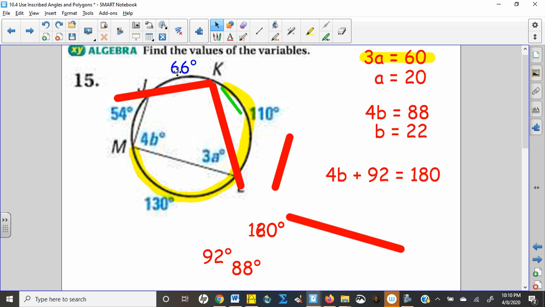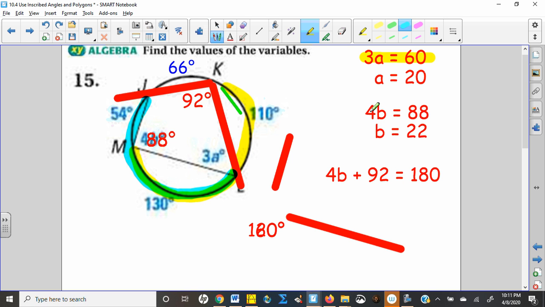Because even without the 66, once you have 66, you could use any inscribed angle you wanted. But even without the 66, I could have still used the 2 given arcs, 54 and 130, to get 184. And half of 184 is 92. And the supplement of 92, opposite angles of inscribed quadrilaterals are supplementary, is 88. So that's where the 4B equal to 88 comes from.